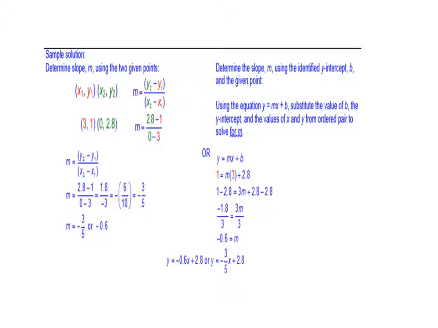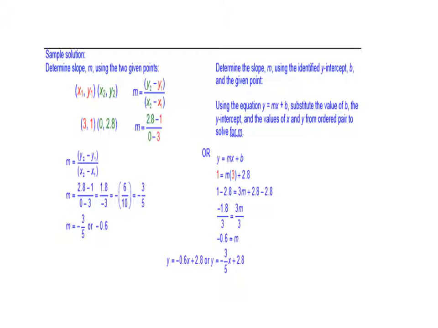Okay, so we're looking at this particular solution, and there are two ways. The first way is we're going to find slope, and there's our two ordered pairs, 3, 1, which is our x1, y1, x2, y2.